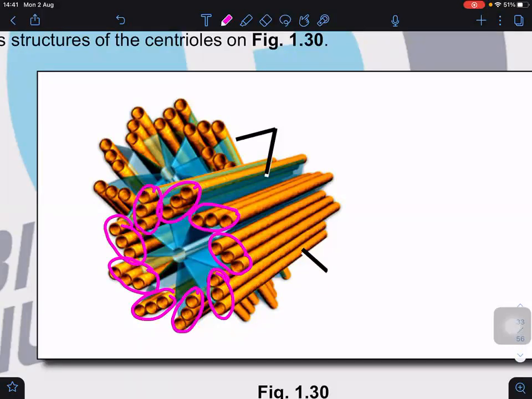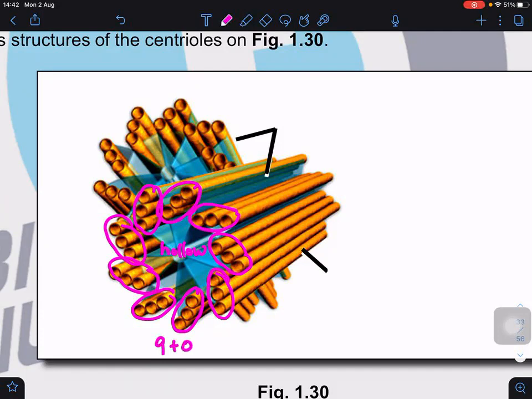We arranged 9 of them, so 9 triplets form one centriole, and the center is hollow. Nothing at the center. So why do we call this arrangement 9 plus 0? 1, 2, 3, 4, 5, 6, 7, 8, 9, center, nothing. So we call it a 9 plus 0 arrangement.